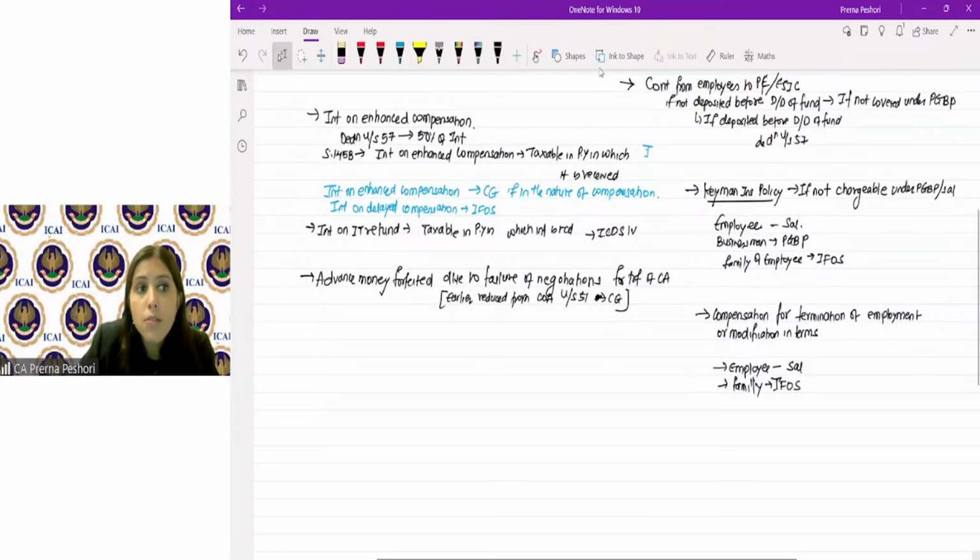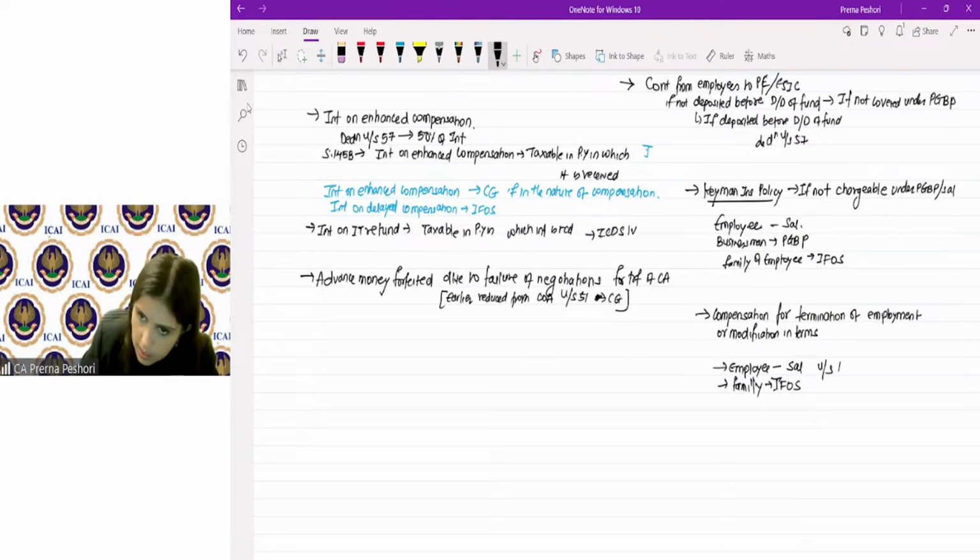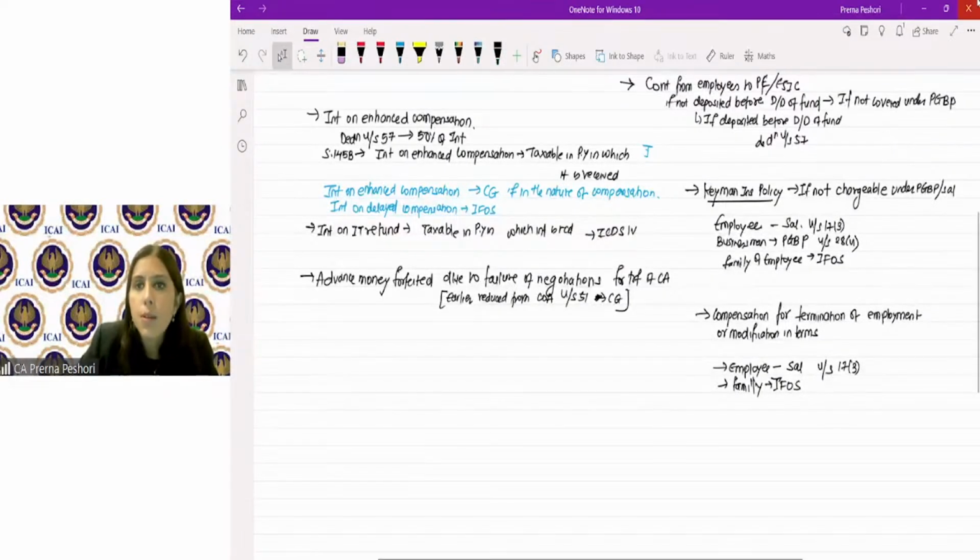Because otherwise, this is for the employee covered under section 17. Clear? So here also you can write down under section 17(3). Here also it is under section 17(3), specifically covered under section 28(vi) for the businessman, for the keyman insurance policy. Are we clear?